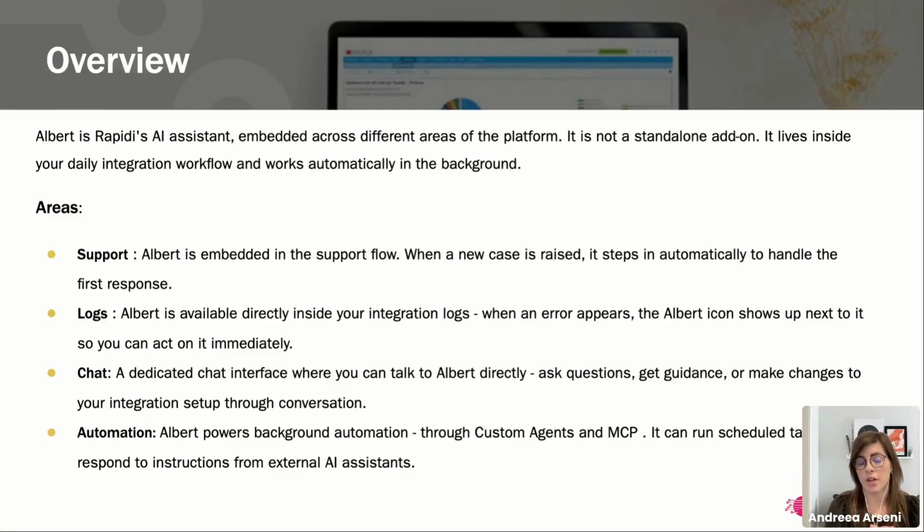Then you have the chat functionality. This one is available, anyone can see it. You have a separate chat, you can go into the chat and talk to Albert. You can ask anything: about connections, transfers, schedules. You can ask him to create a connection, for example, or to set up a schedule, or to give you a list of transfers that fall into a specific category, or certain schedules.